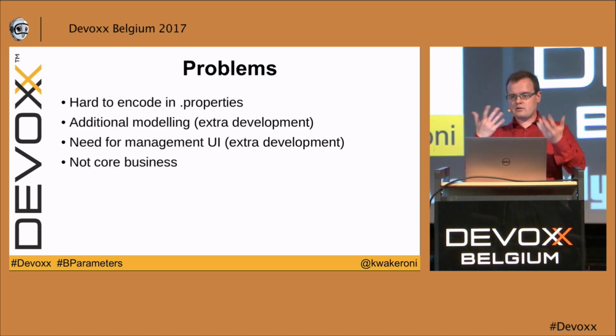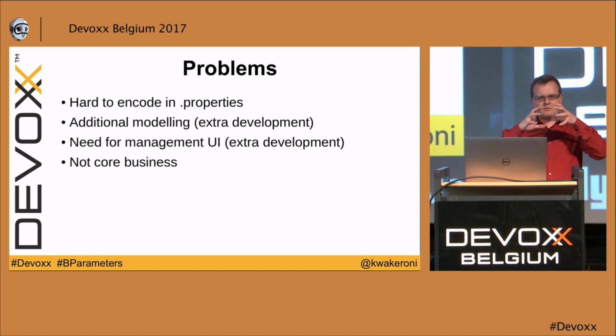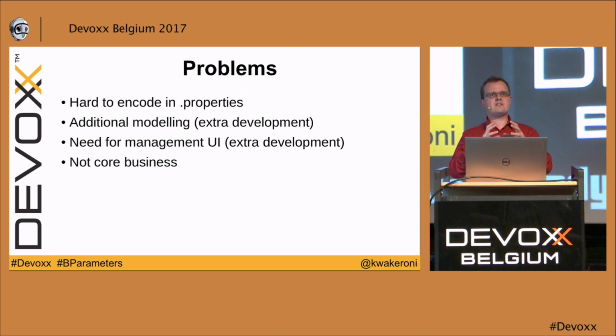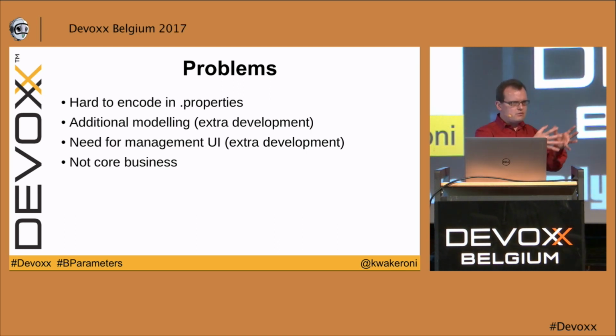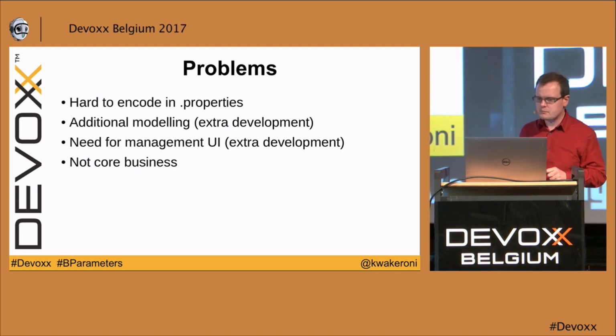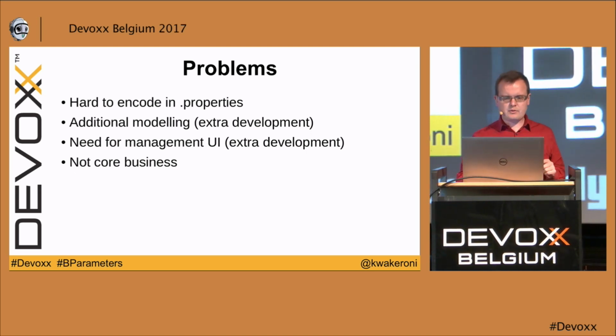So those are the kinds of problems that we see today in this kind of configuration. All of these things are really not part of your core business, not in your core domain, but you need them anyway to configure your application. And that is what we are trying to resolve in this project.